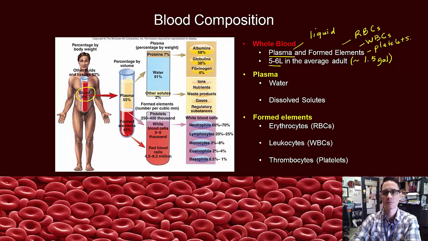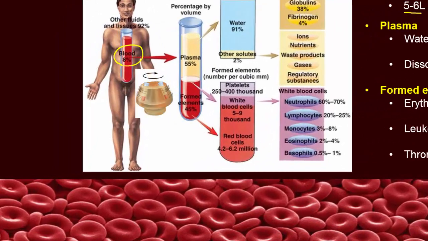All right, so if we take some whole blood and we want to separate the plasma component from the formed element component, we can do that by spinning the blood in a centrifuge. When we do that, all of the formed elements, the heavier materials, will settle to the bottom, and the plasma, the liquid component, will settle on top.